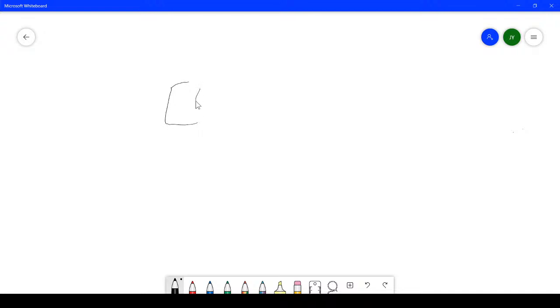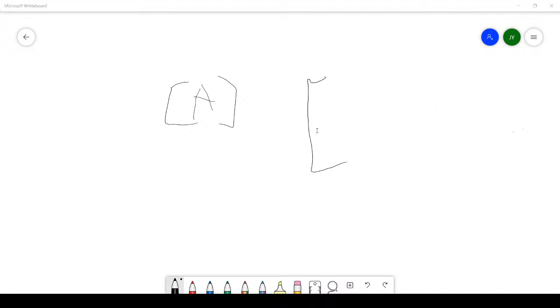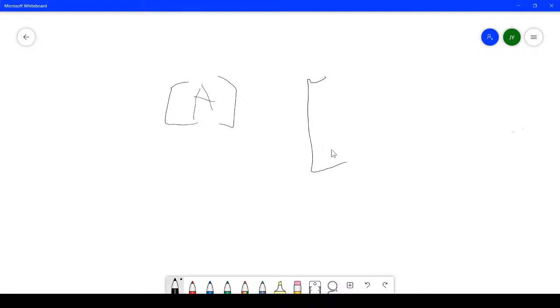Like we saw in the calculator, what A was showing was what we had plugged in, and it was all condensed into one symbol.